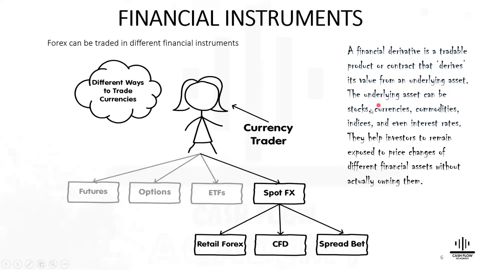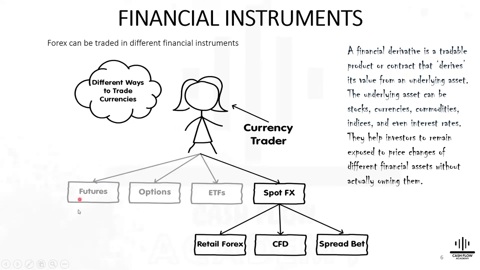The underlying asset can be stocks, currencies, commodities, indices. All these are just examples of asset classes. They are assets, and even interest rates. They help investors to remain exposed to price changes of different financial assets without actually owning them. So now a derivative is a platform where we can trade currencies without owning them. We just trade them and we get the profits.